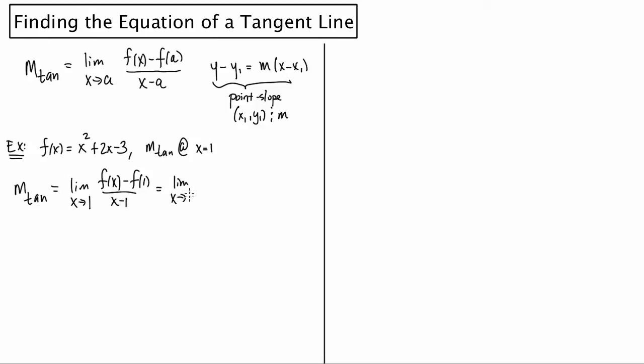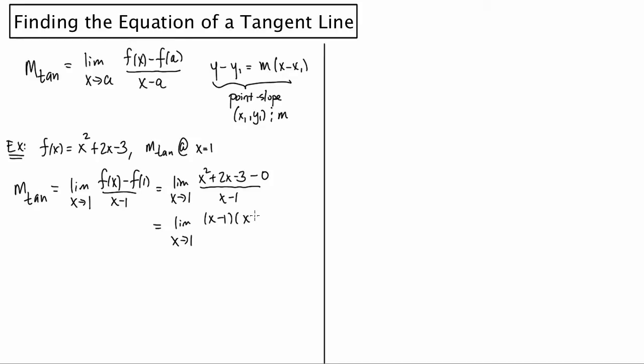So f of x is x squared plus 2x minus 3. And f at 1, if you plug in 1, you get 1 plus 2 is 3, minus 3 is 0. So you get minus 0 for that piece, over x minus 1. This is a rational expression, and since we're taking the limit, we hope that the numerator will factor so we can get rid of some terms, and indeed it does.